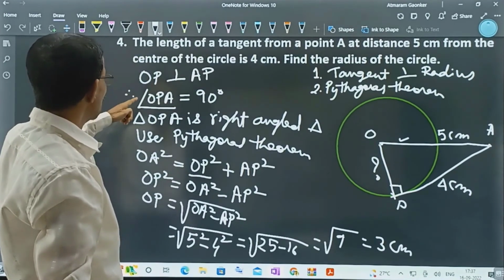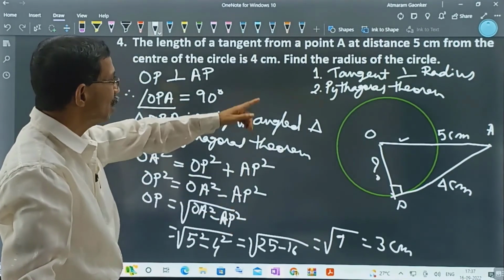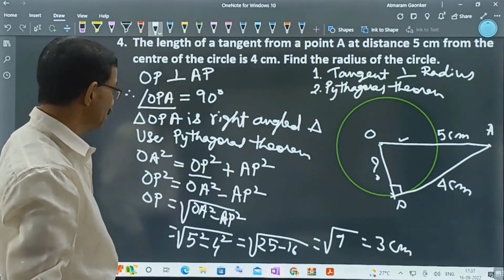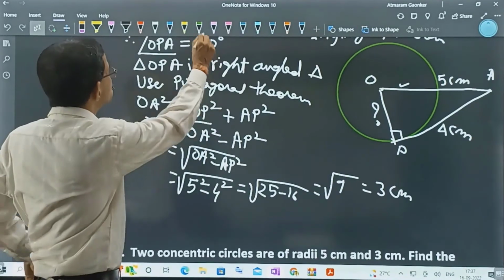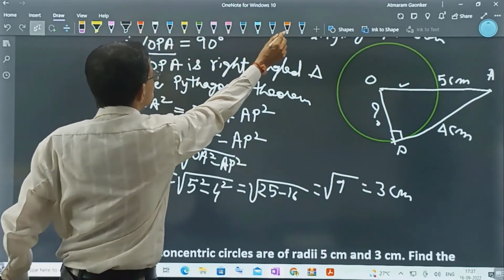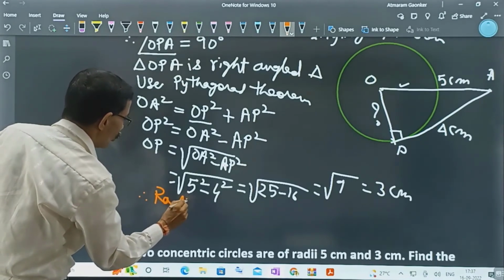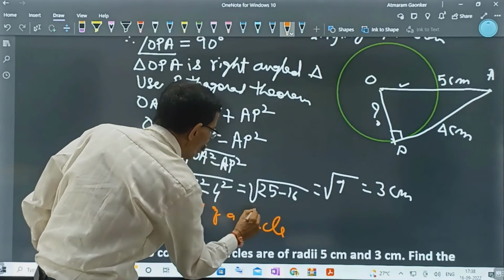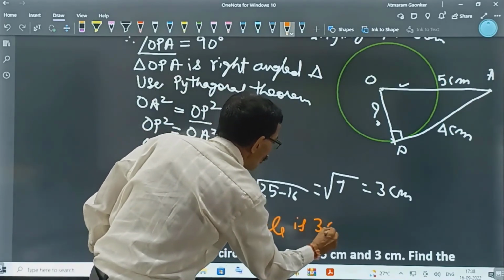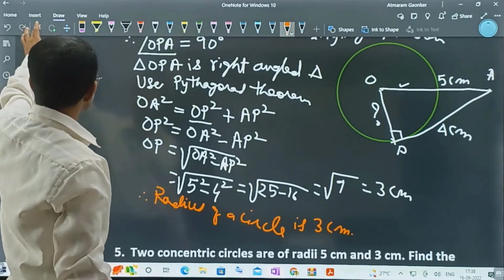You see the correct option here. Okay, options are not given. So the radius of the circle is 3 centimeters. So I will write it. Let's go to the next question.